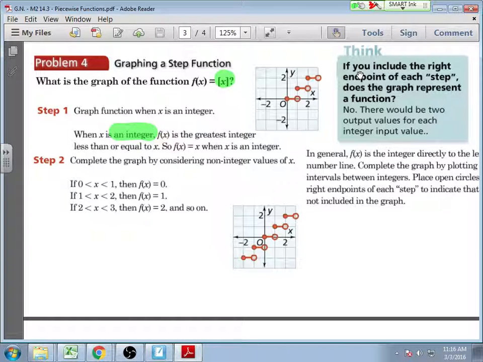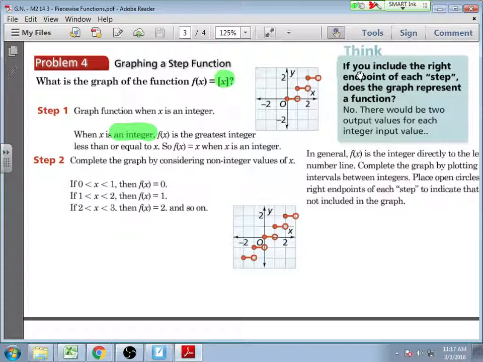So if I am graphing and my x value is 0.8 and I have to round down, my y value is really 0. If I'm graphing and my x value is 1.7, I chop off the 0.7 and my y value is really 1. So that's why at 1, my y is 1, and anywhere between 1 and 2, my y is 1. But as soon as I hit 2, I step up because I'm at my next integer.